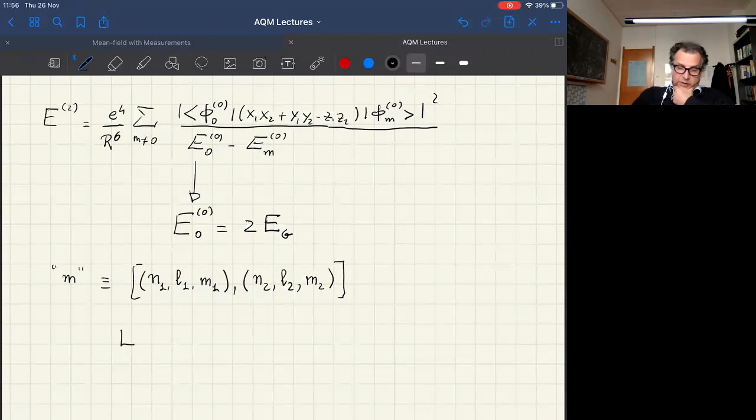And E0 of m will be given by what? E of n1 plus E of n2, because we know that the energy depends only on the principal quantum numbers.